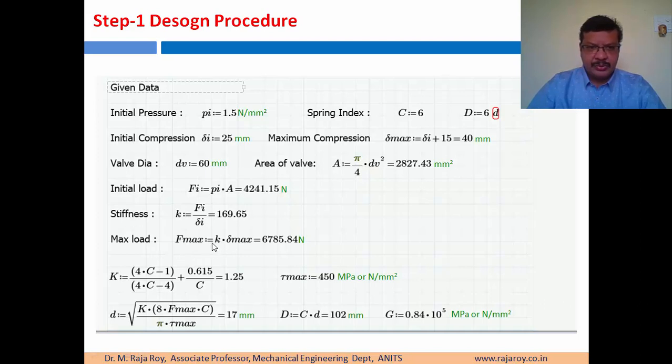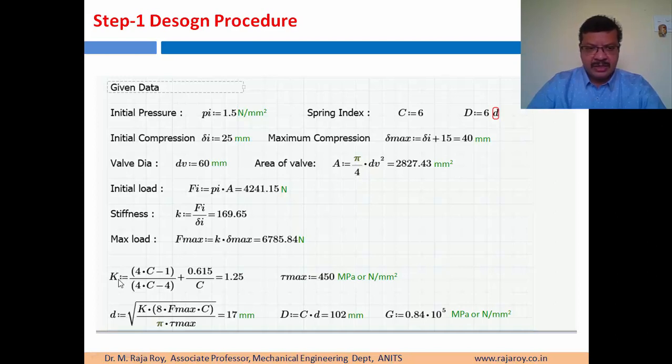Stiffness can be written as maximum load by maximum deflection, so F max equal to stiffness into delta max. The K value and delta max value are already calculated. The product of K into delta max is F max, that is 6785.84 newtons. That is the maximum load acting on the spring.